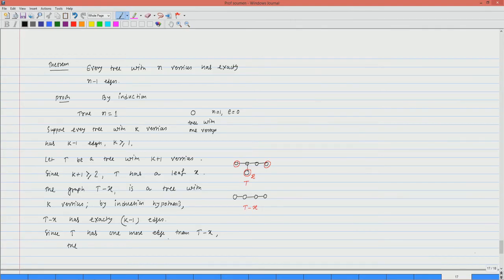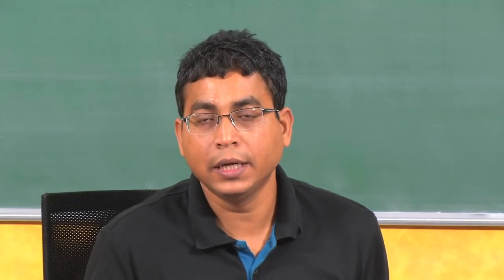Since T has one more edge than T minus x, the tree T has k edges. So, this is how you prove a theorem using the induction hypothesis.